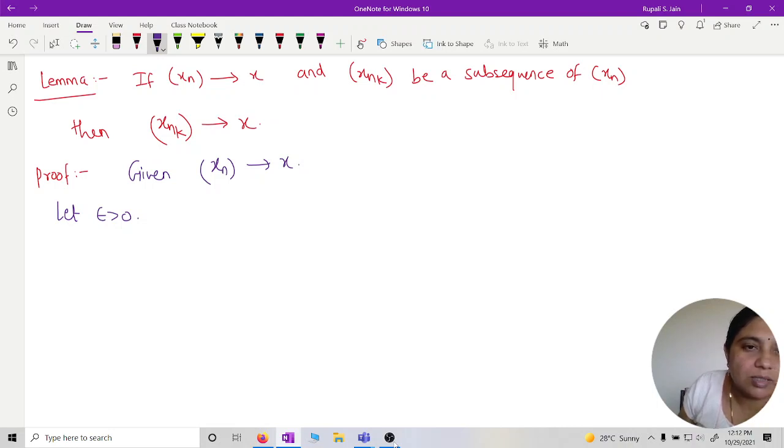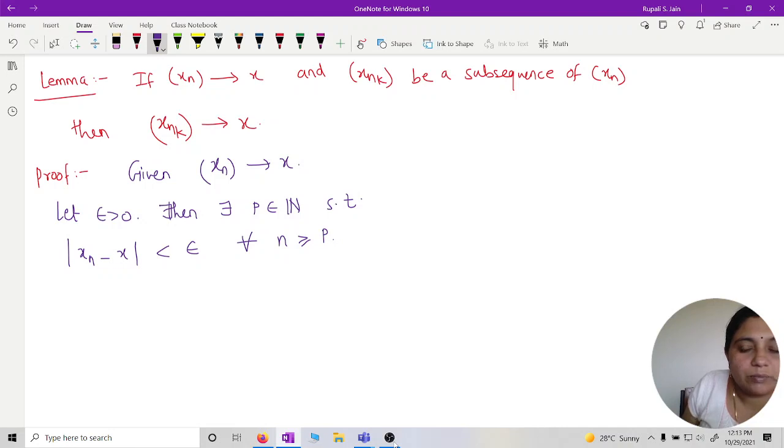So for this epsilon greater than 0, what will happen? There exists a natural number, say p belongs to the set of natural numbers, such that mod of x_n minus x is less than epsilon for all n greater than or equal to p, by definition of convergence.